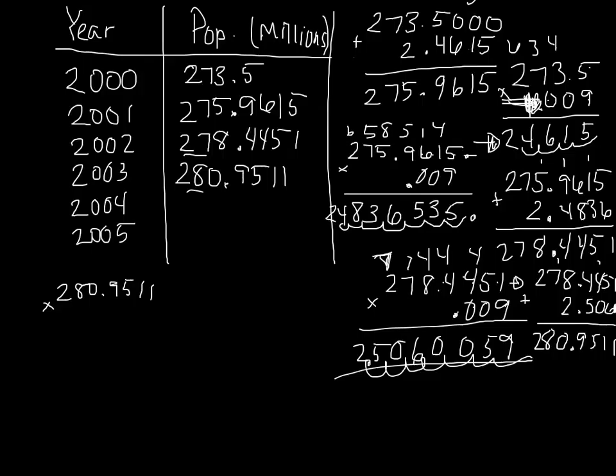Can you guys kind of find a pattern here? Just multiply it by our percent increase. That'll be how much it's adding. Then we add it to our original. Then we're good to go. 9 times 5 is 45. 81 plus 4 would be 85. 9 times 0 is 0, plus 8 more is 8. 9 times 8 is 72. 9 times 2 is 18, plus 7 would be 25.